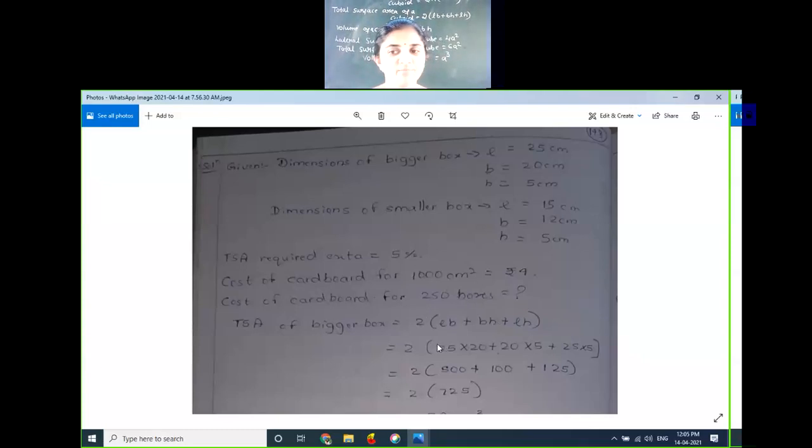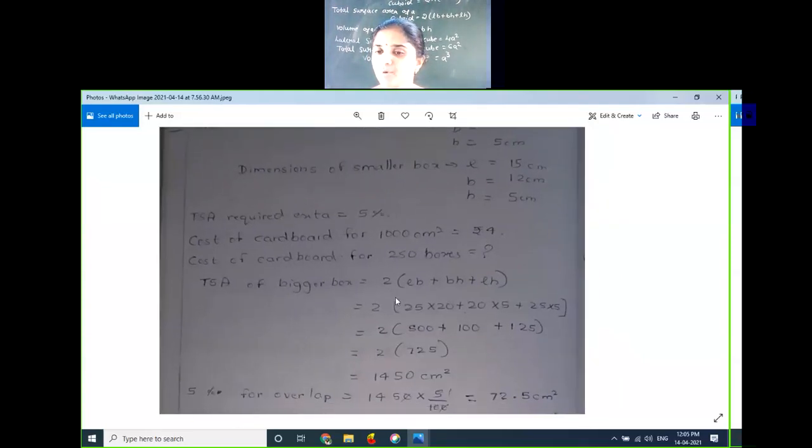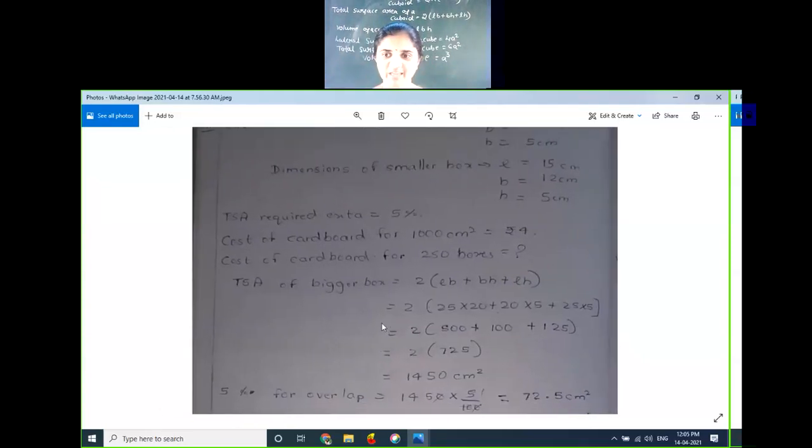So first we'll move on to the bigger sweet box. TSA of the bigger box we have to find. Total surface area of the sweet box we have to find now. TSA of the bigger box is equal to 2 into (LB plus BH plus LH). Now substitute the values of L, B, H. You will get the idea of this one now.